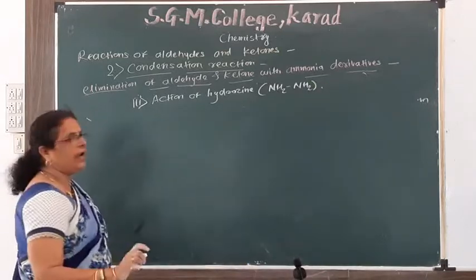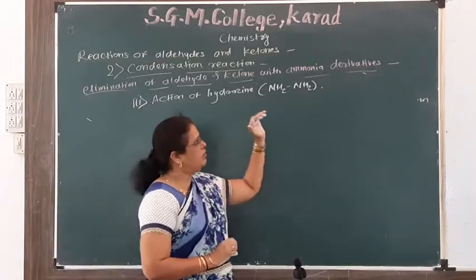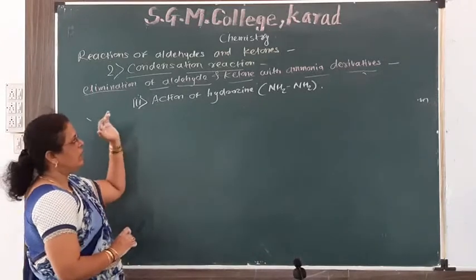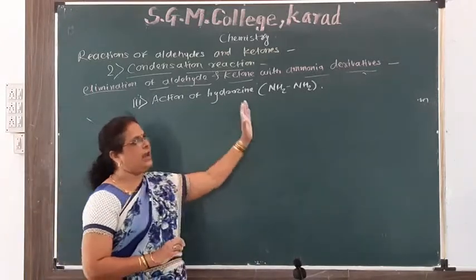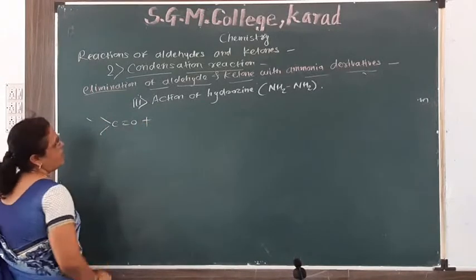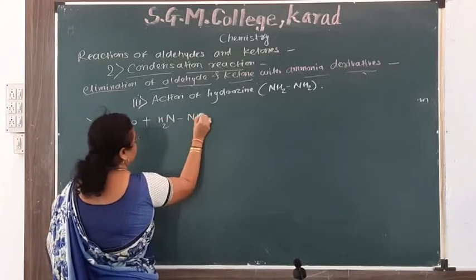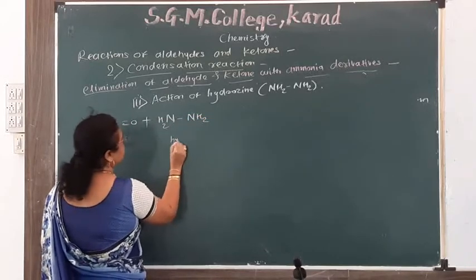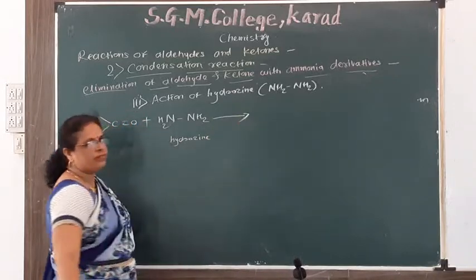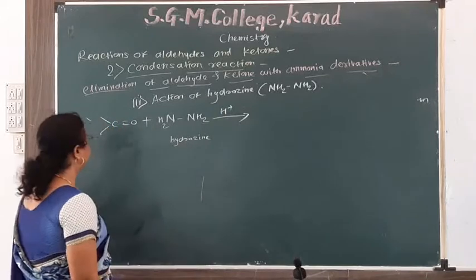Here when aldehyde and ketone is treated with hydrazine in presence of weak acidic medium, then it gives aldehyde or ketone hydrazone, that is C double bond O plus NH2NH2. This is known as hydrazine in presence of weak acidic medium, that is H plus.